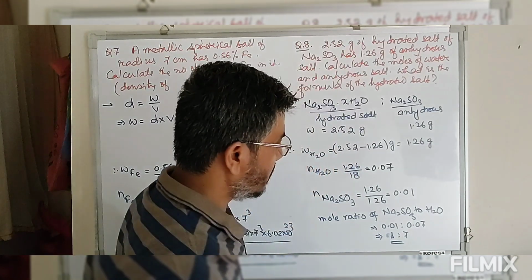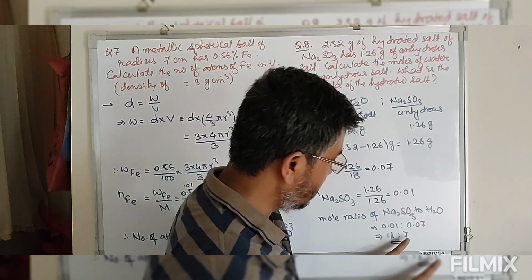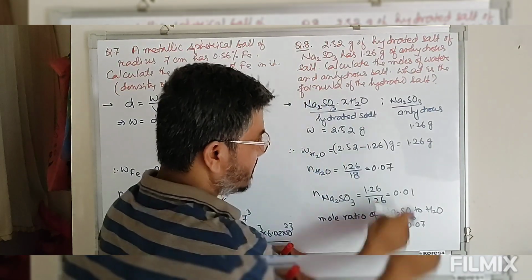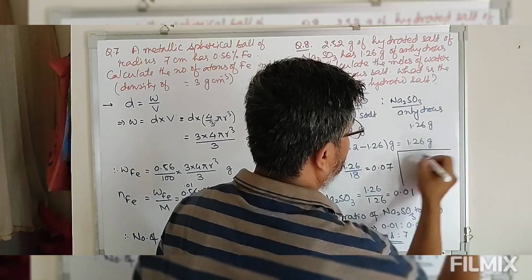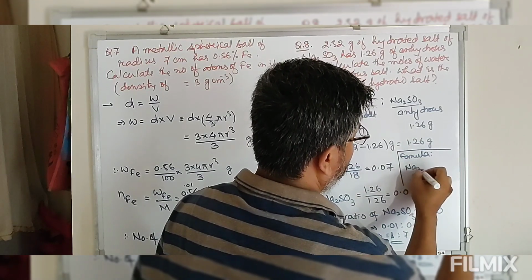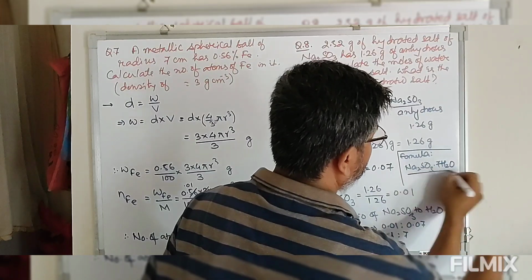It means for every 1 mole of Na2SO3 we have how many moles of water? 7. So therefore X is how much? 7. Therefore the formula of the salt is Na2SO3 with 7 water molecules.